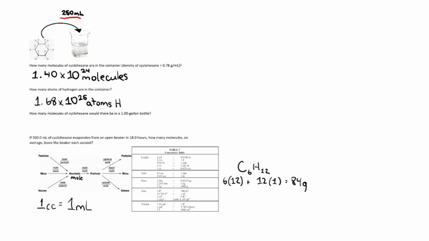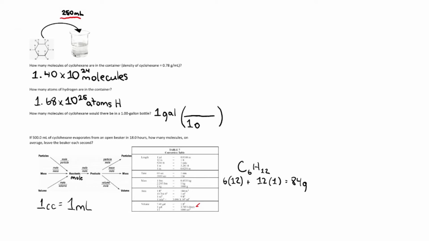Okay, now for the next one. How many molecules of cyclohexane would there be in a 1 gallon bottle? So we start off with 1 gallon. Now we need to go from 1 gallon to liters. So if we look down here on our conversion table, 1 gallon is 3.785 liters.